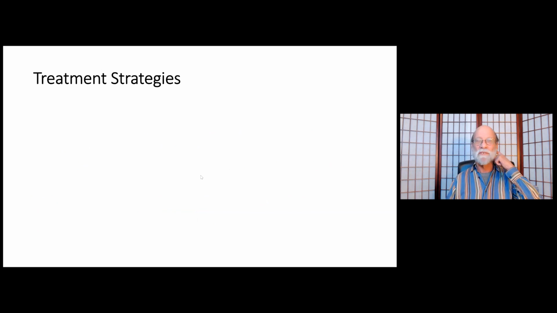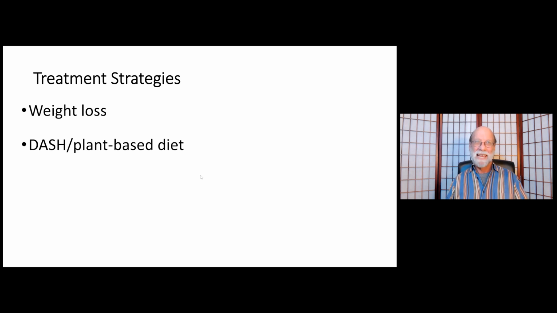In terms of treatment strategies, these are really the kind of things that you've heard from many other people. I'm going to tell them to you again because they're so important. The bottom line is that these are important for liver health. These include weight loss, a DASH type, Mediterranean type, or predominantly plant-based diet.